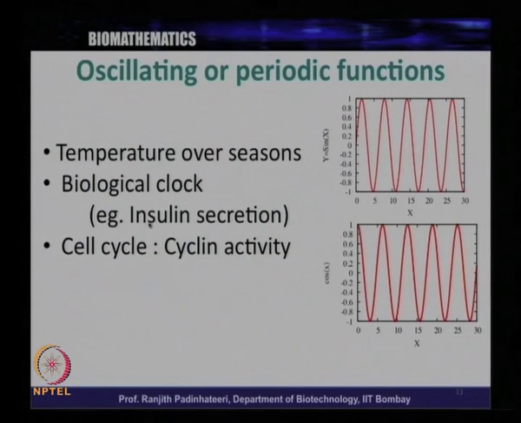So, for example, insulin secretion, some protein expression, a gene expression related to the biological clock, is a periodic function, like an oscillating function. Again, if you want to represent this insulin secretion, one can use these mathematical functions of sin x and cos x.